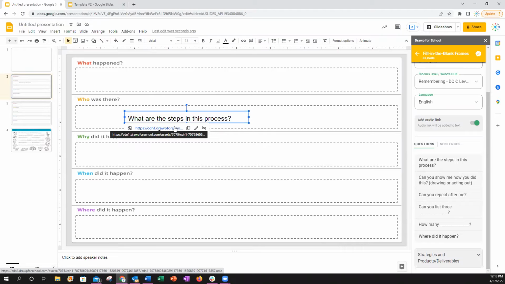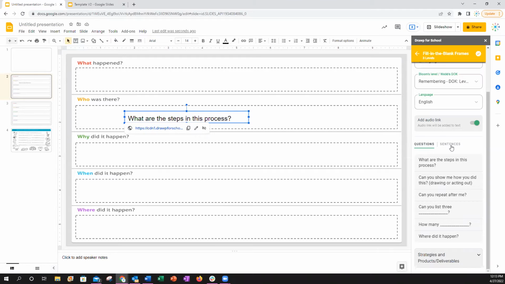If you click on this link, it'll open up a separate tab and it will play human recorded audio of what was inside that text box. So it would say, what are the steps in this process? The student can repeat that as many times as they want and listen to it as many times as necessary to help scaffold their academic language.